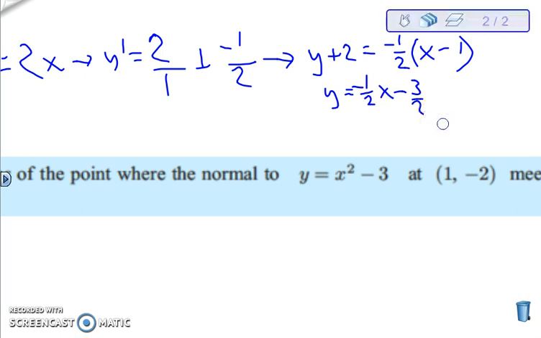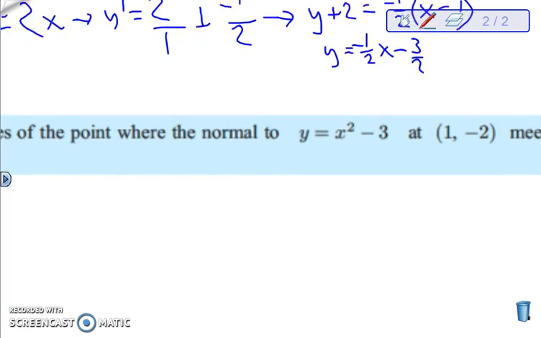And then the last part is to find where it intersects with the original curve again. So if we're going to graph this on our calculator and use the intersect function, we want to make sure that we know we are looking for the point where negative 1/2 x minus 3/2 is equal to x squared minus 3.